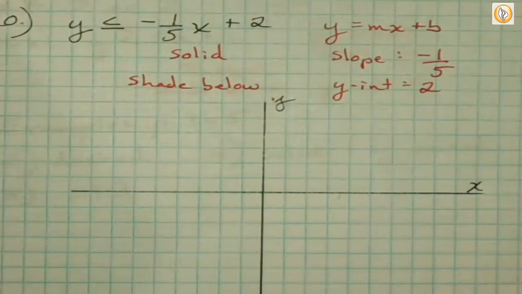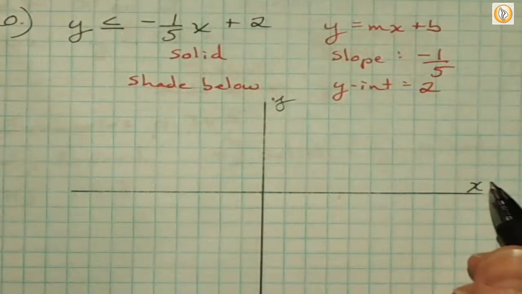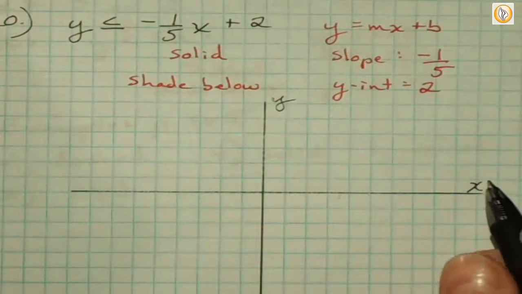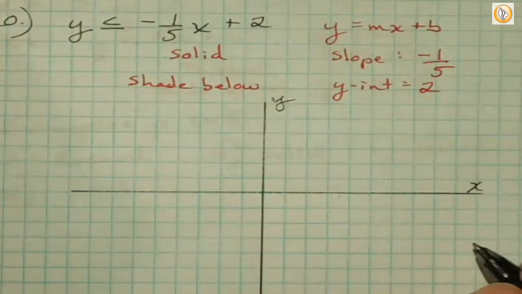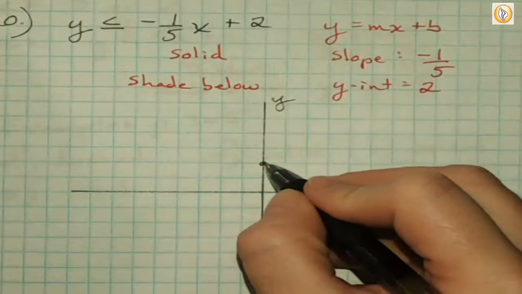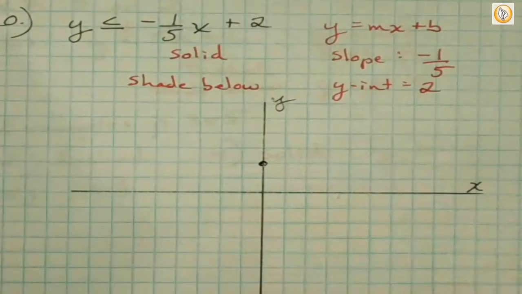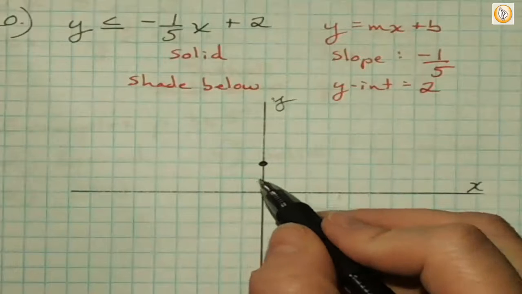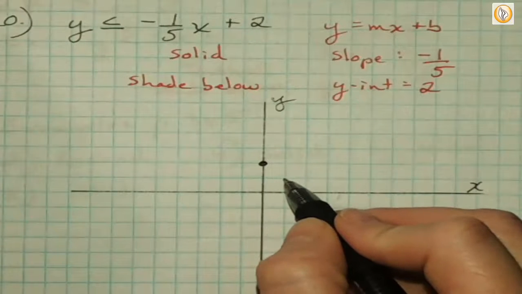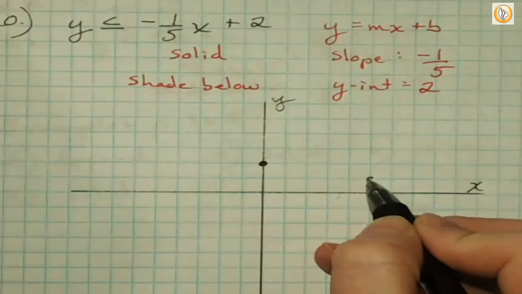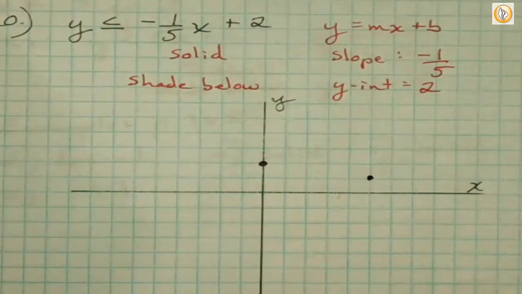What's the first thing you plot? Your y-intercept, which is 2. So where would the dot go? Perfect. Now do the slope. Excellent. Good job. Down 1, then right 1, 2, 3, 4, 5. And then solid line. It's a solid line.